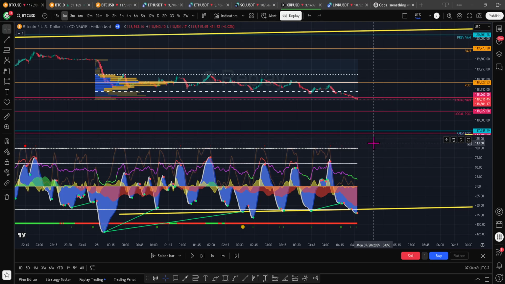Then we look for the next level, or we wait for this level to play out properly, right? To start getting a green candle. If we move forward a little bit, then we're going to see the price action happen.